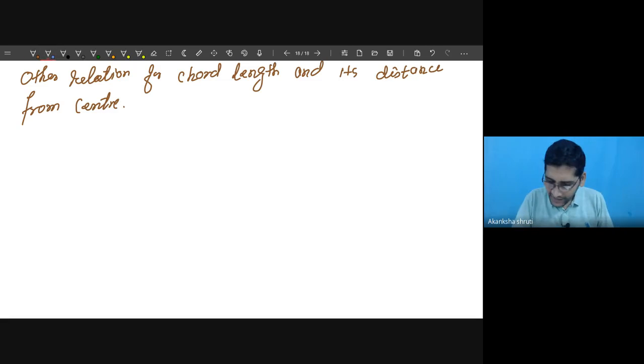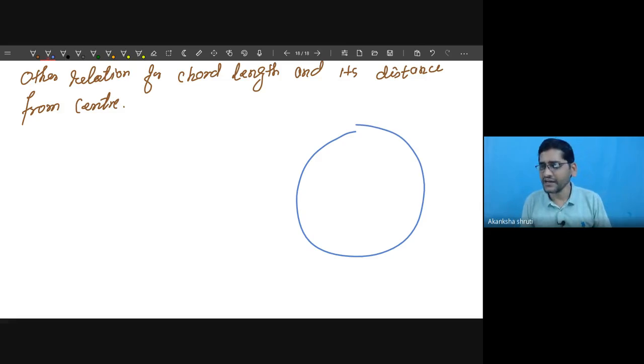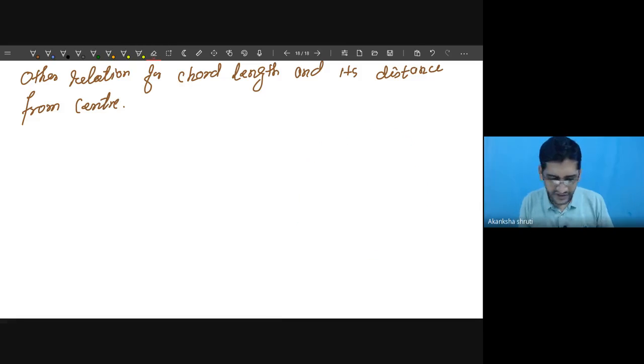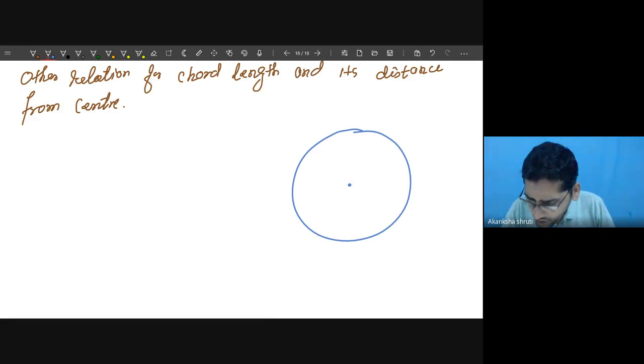Students, it means we are given a circle. For this circle, we have a center O, and a chord AB with a given chord length.